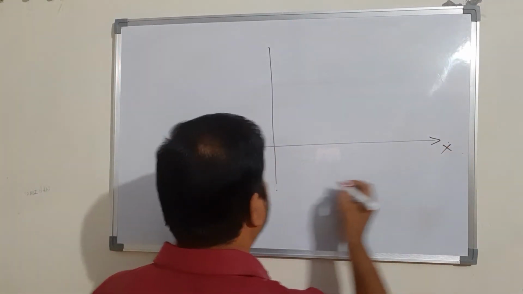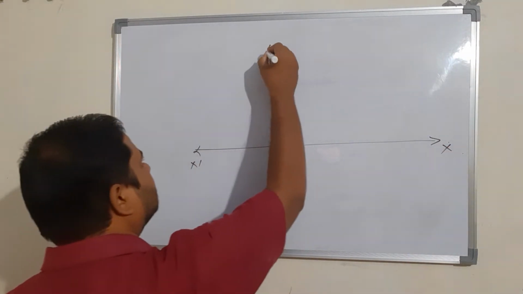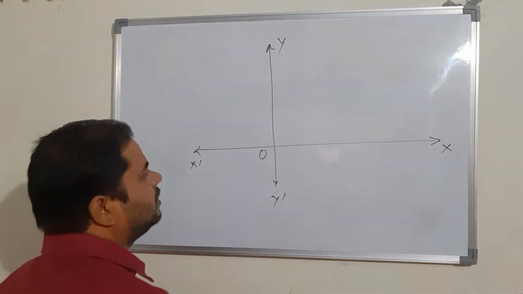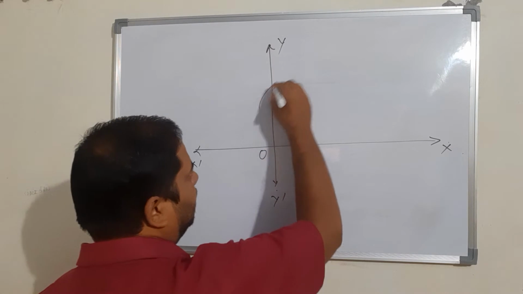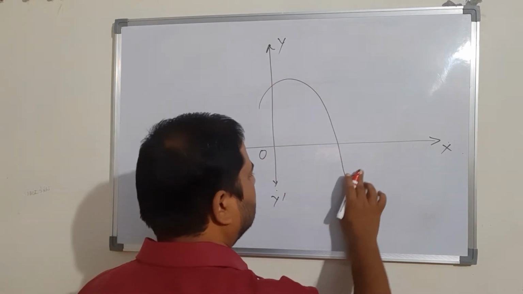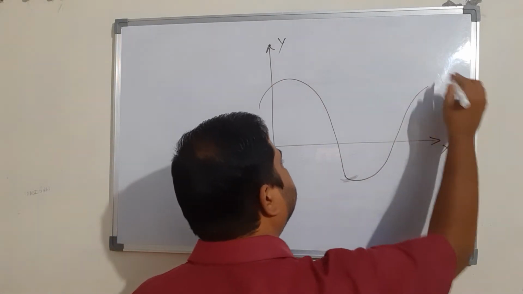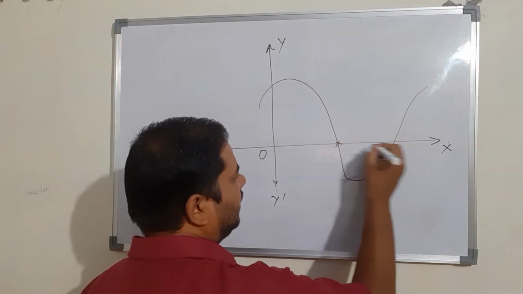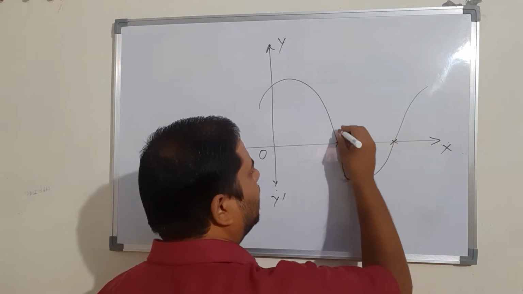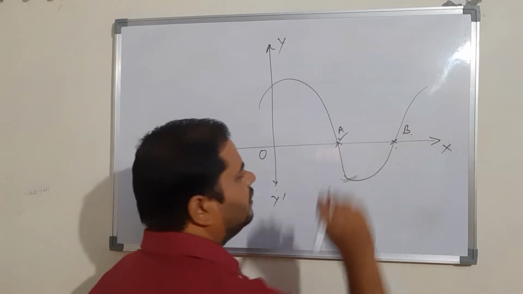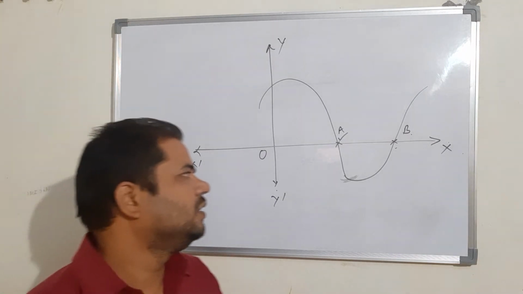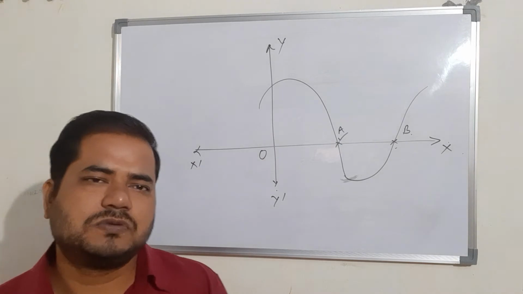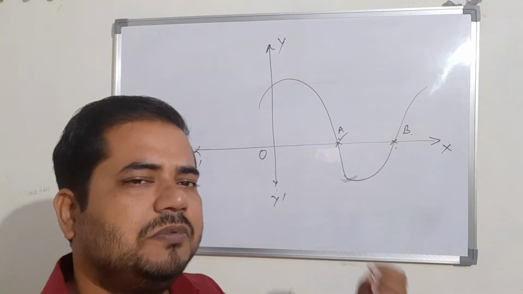Suppose this is the Cartesian system, with y dash and origin. Suppose this is our polynomial. This particular graph cuts the x-axis at 2 points A and B. So the number of zeros is nothing but 2. That means this polynomial has 2 zeros.